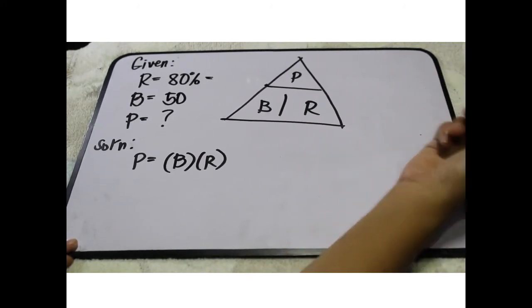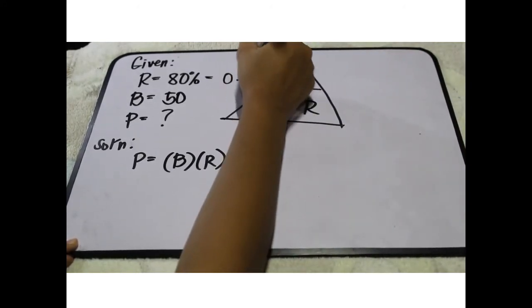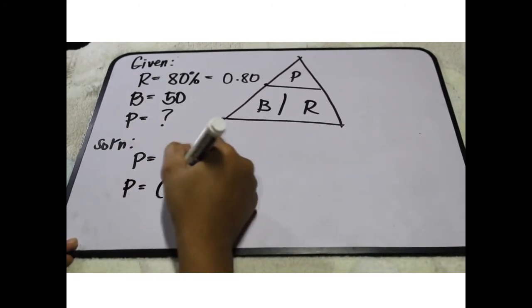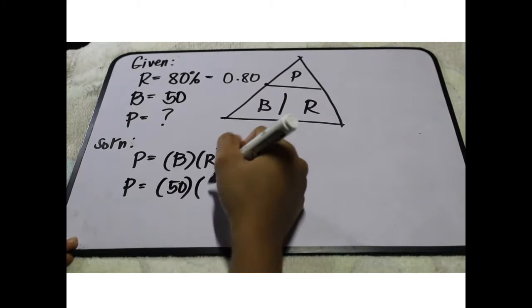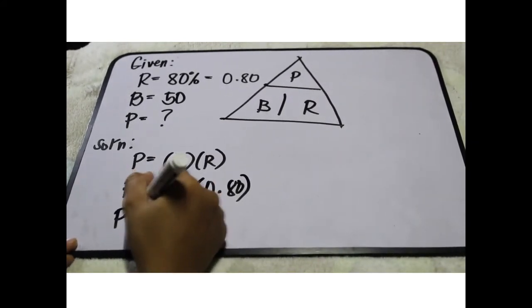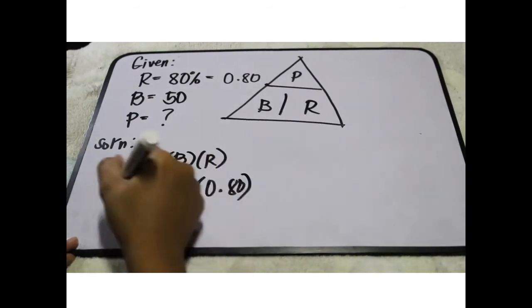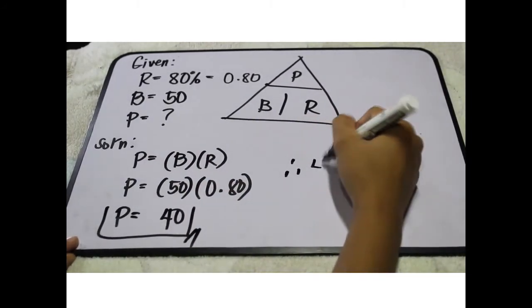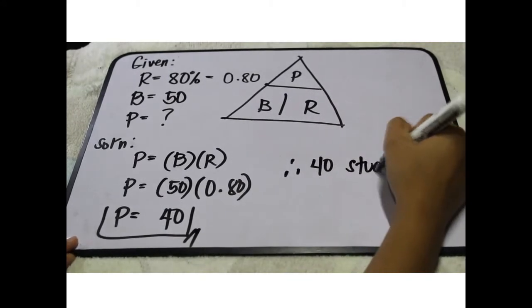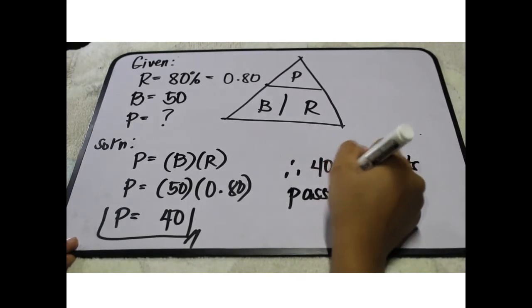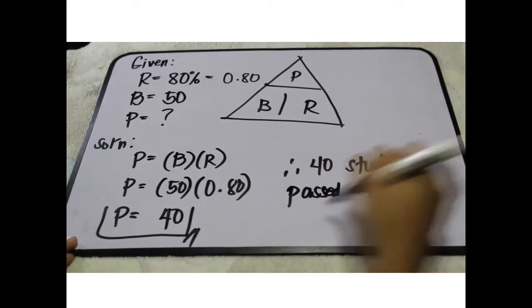So 80 divided by 100, we will get 0.80. Now P is equal to 50, which is our base, multiplied by 0.80. Now our percentage will be 40. Therefore, 40 students passed the Business Mathematics exam.